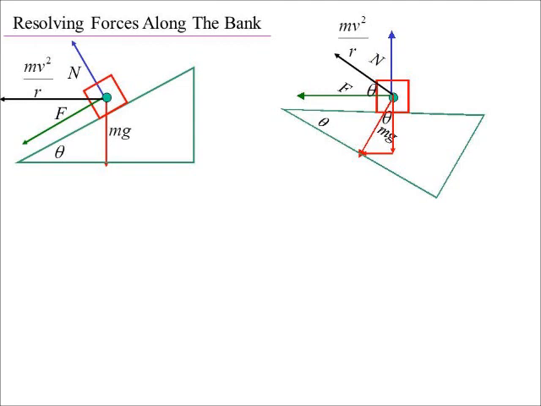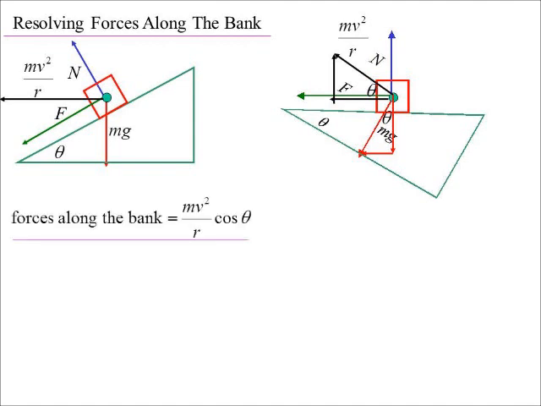So there'll be a component of the resultant force, both what we're looking at as horizontal and looking at as vertical. So now I can say, well, the forces along the bank, that will be mv squared on r cos theta. And we have friction going to the left, mg sin theta going to the left.